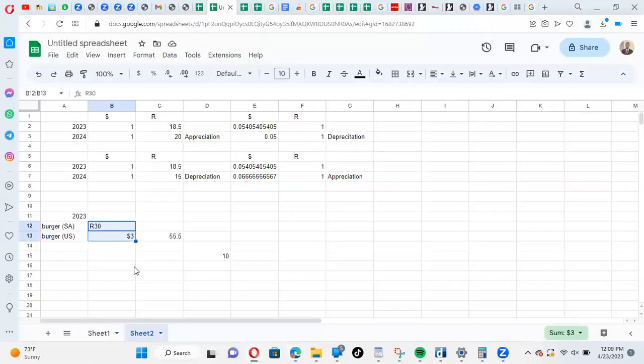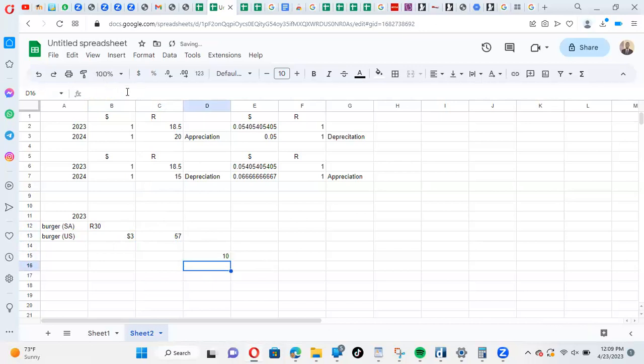Let's see if I can put this up there on our example. So if our nominal exchange rate changes and say it goes up to 19, which means the price of that is given as 57, then we can bring that up to 19, and then that one goes up to 57.